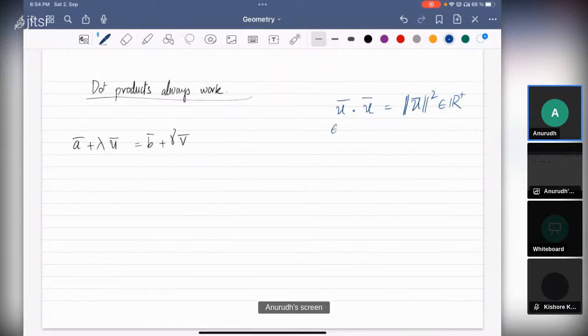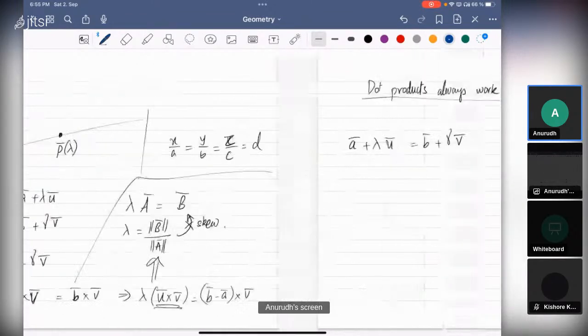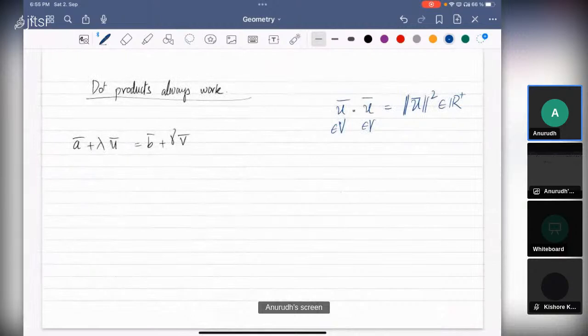So this would be a vector in the space, this would be a vector in the space, and the dot actually gives you a real number, a positive real. It's a good thing to keep track of the objects so you know that you're not making mistakes. Like for instance, in 3D line intersection, the cross product gives you a vector, so you can't just divide by it carelessly, because there is no meaning to dividing by a vector.